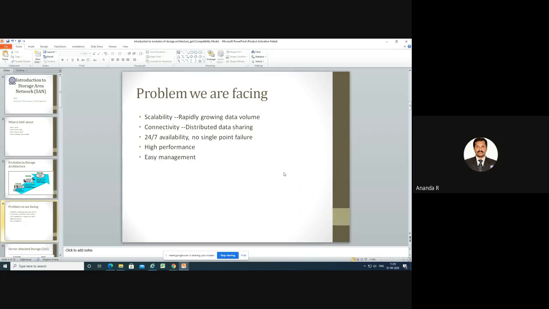Assume there is no data sharing and it is not distributed, then what happens? Data is not shared, and we end up generating the same data every day, replica after replica of the data.